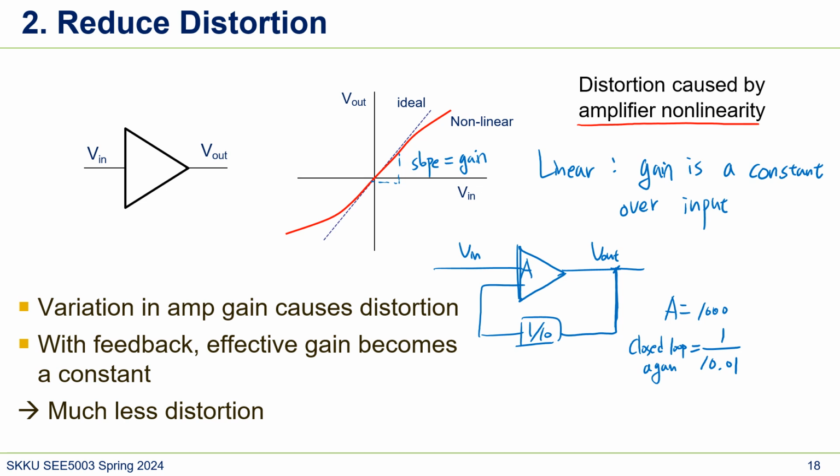But assuming that it depends on the input level, the gain changes to, let's say, 2000. In this case, the closed loop gain will be 5. So even though the open loop gain, the amplifier gain, changes by twice, which means nonlinearity, the closed loop gain doesn't change much.